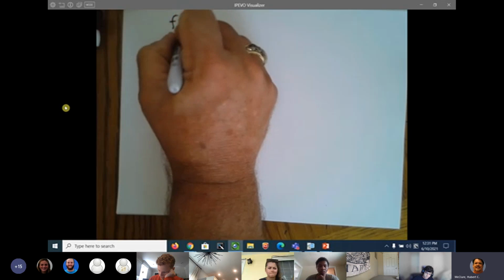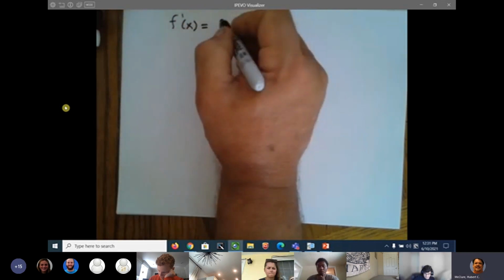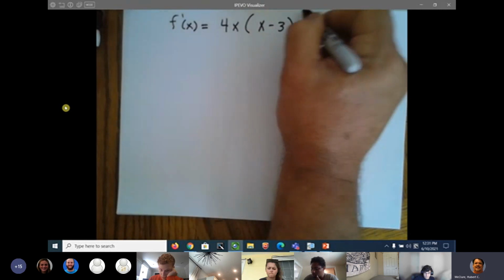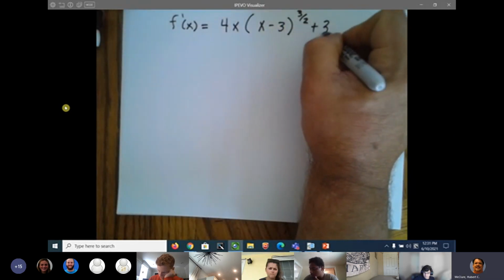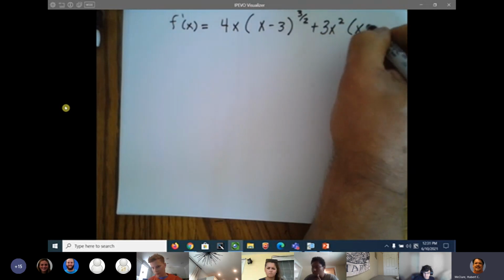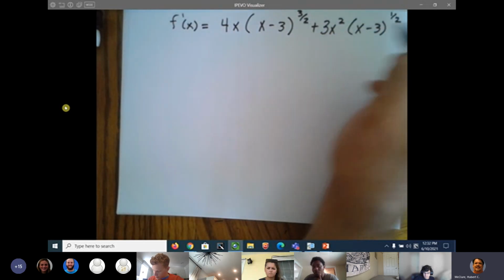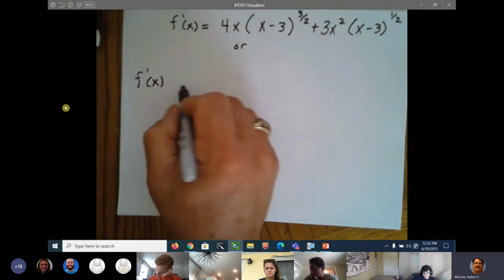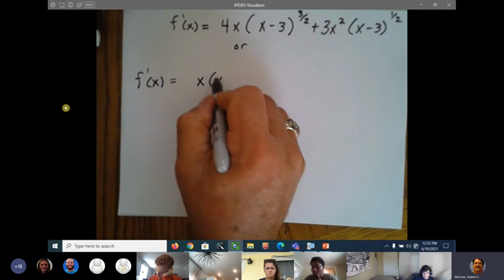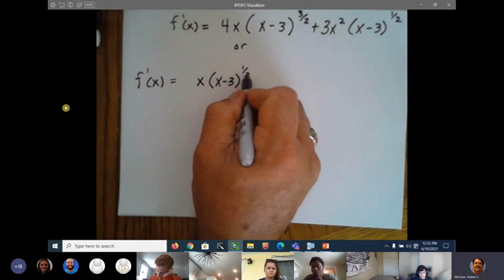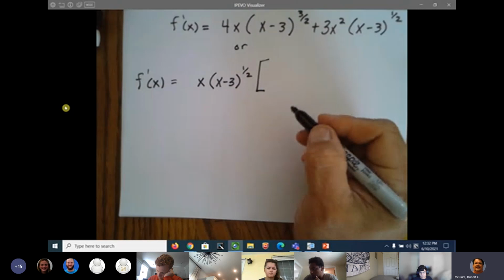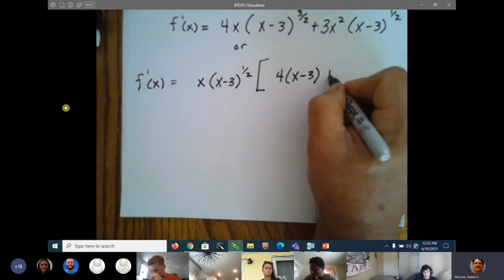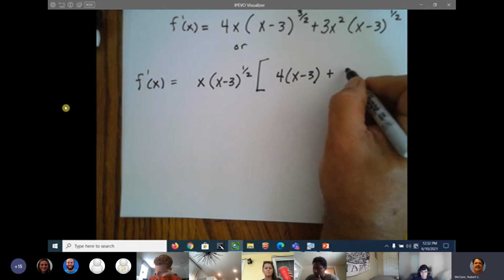F prime of x is equal to 4x times (x minus 3) to the 3/2 plus 3x squared times (x minus 3) to the 1/2. Or you could factor out an x and an (x minus 3) to the 1/2, and that will leave you with 4 times (x minus 3) plus 3x.